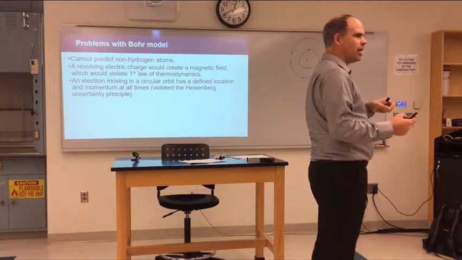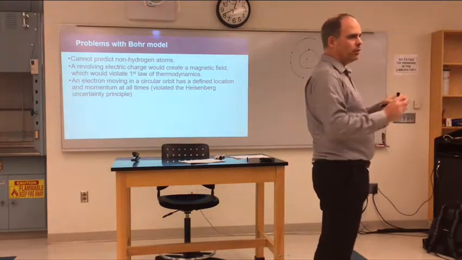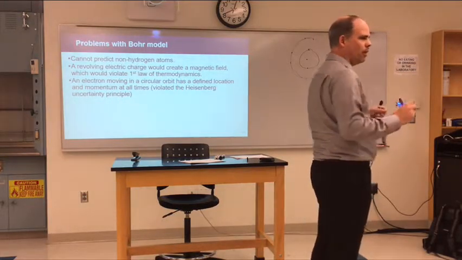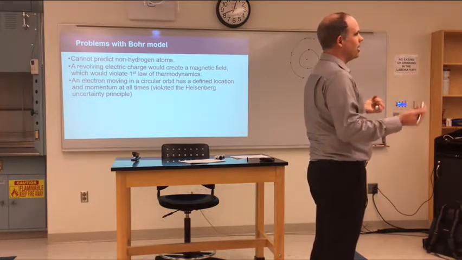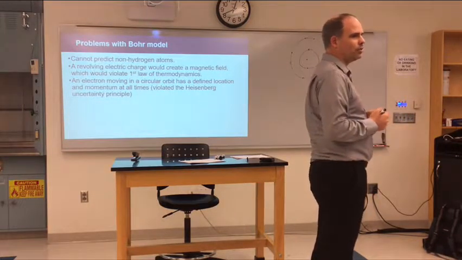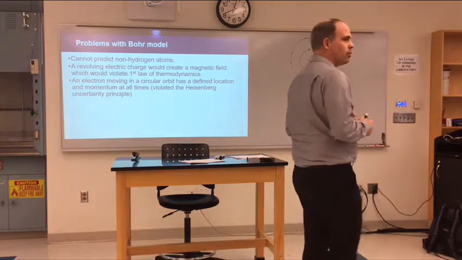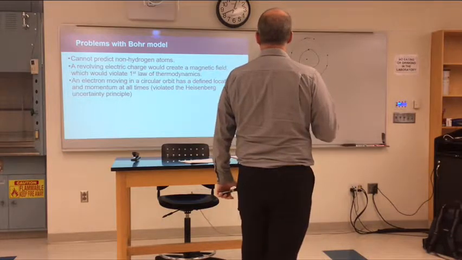It also works for, I think, helium plus, where you pulled out one of the electrons. So it works reasonably well if you don't have electrons interacting with other electrons. But in anything other than hydrogen, you have more than one electron, and so it doesn't work. But it works really well for hydrogen, which gives us credence to using it.